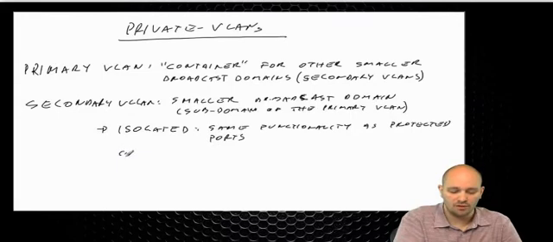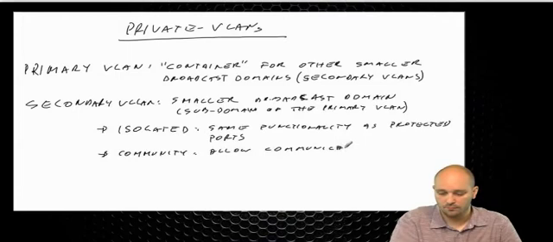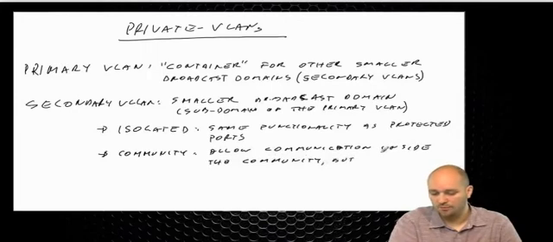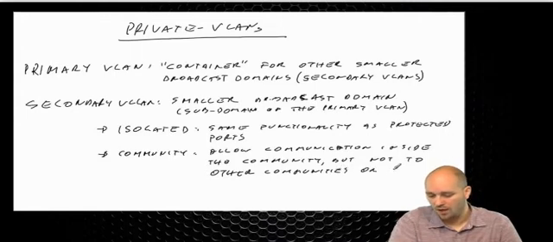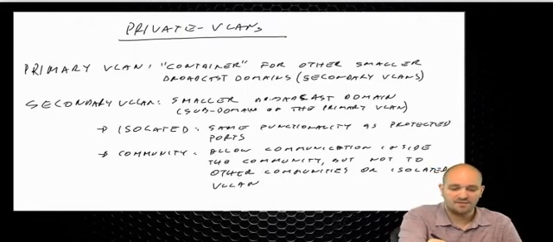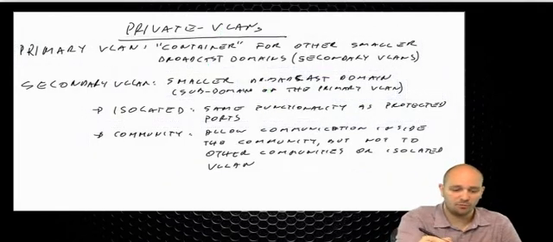And we have community VLANs, which allow communication inside the community but not to other communities or the isolated VLAN. And finally, we have something called a promiscuous port. Let me just move this up a little bit. We have not a promiscuous VLAN, but promiscuous ports.